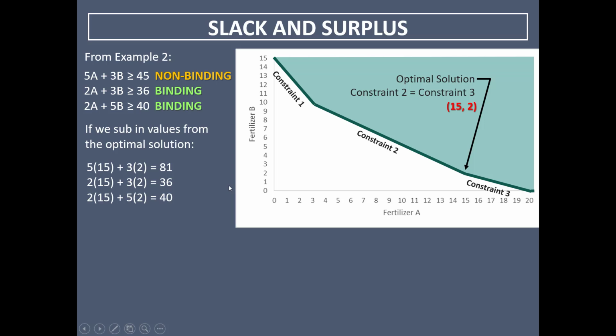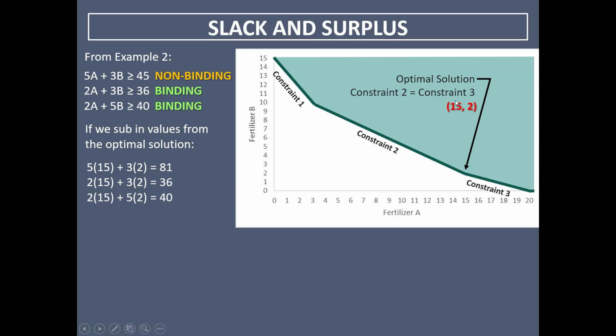So now I have another way of identifying binding constraints. I know I can identify them by finding the optimal solution point on my graph. Constraint 2 and constraint 3 were at that optimal solution point. I knew they were binding constraints. I can identify them also mathematically.